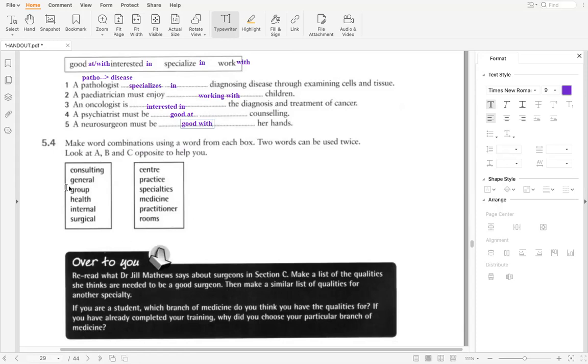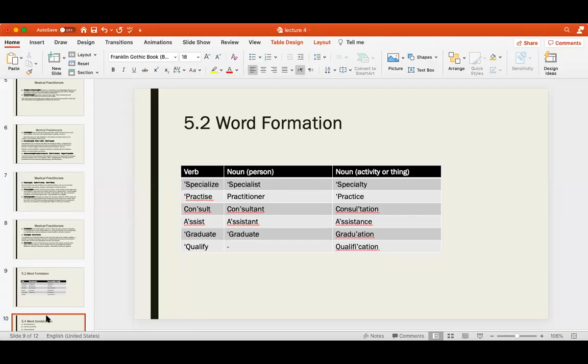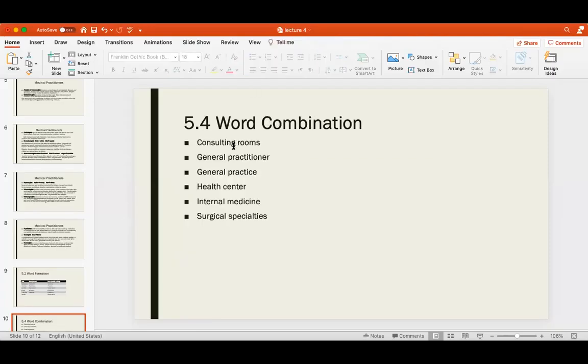From the words that we have taken today, we can say consulting rooms, which means clinics, general practitioners, general practice, health center, internal medicine, surgical specialties.